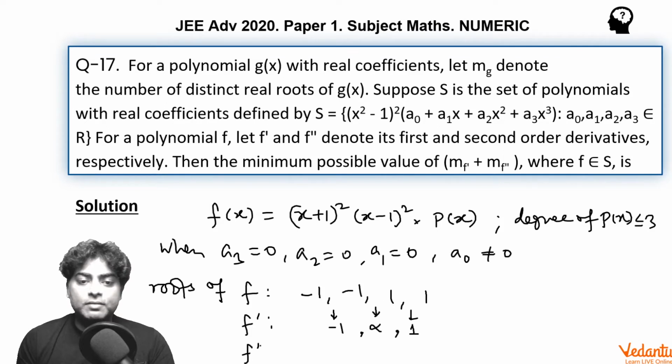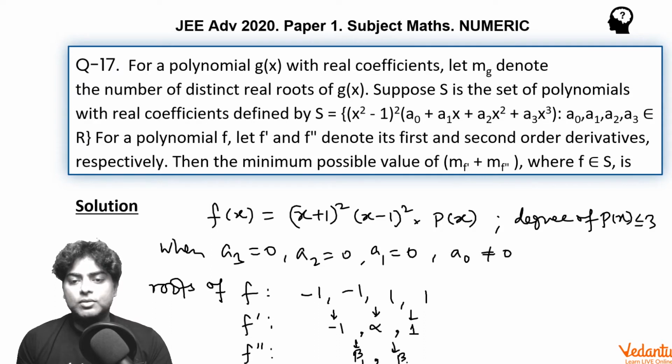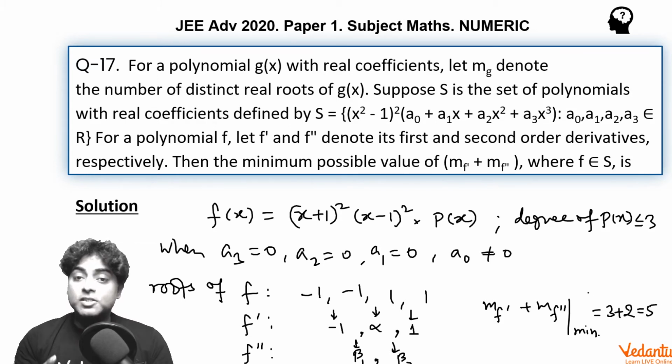And then for f double dash, the minimum number of roots will be like beta 1 and beta 2. So finally, the minimum possible value of m_f dash plus m_f double dash is 3 plus 2, that is 5. So the answer to this question must be 5.